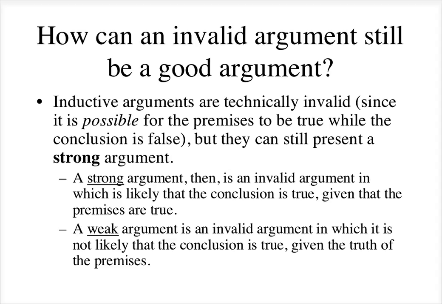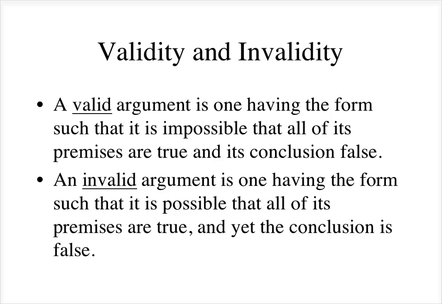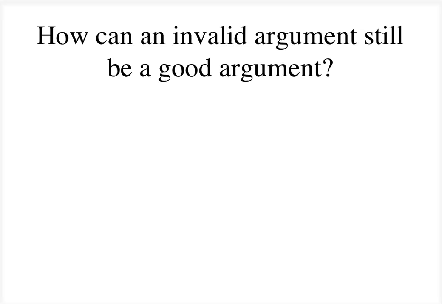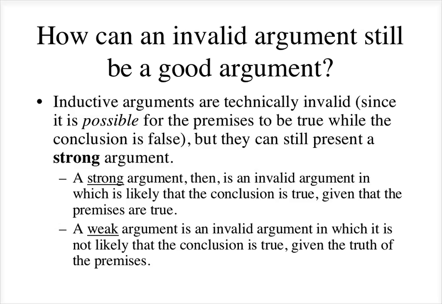How we're going to use these terms is we will reserve valid and invalid as terms that refer to deductive arguments only. And instead of saying that non-deductive arguments are invalid, we're going to ask whether they are strong or weak, because to hold them to the standard of validity is to hold them to a standard that they weren't intended to fulfill.